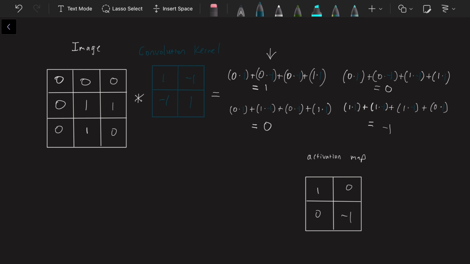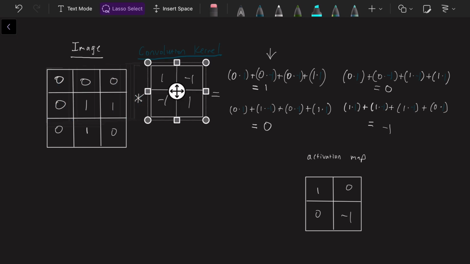Okay, so the base operation of convolution is we're going to take our convolution kernel and basically shift it across our image, do an element-wise multiply, and then add the sums at every pixel or position to create a new value. So as we move our convolution kernel, this would be the first position, right?